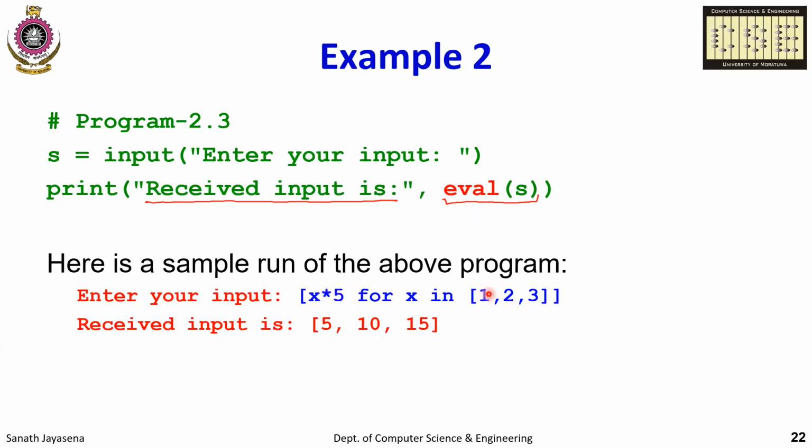The first time, 1 multiplied by 5 gives 5. Next time, 2 multiplied by 5 gives 10. Finally, the x value would be 3, and multiplying that by 5, you get 15. So that is the list that is generated here. That is the result.